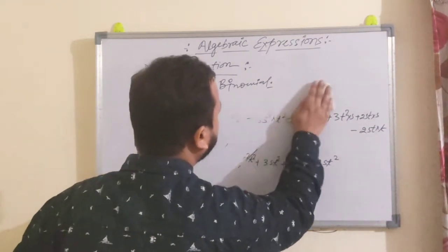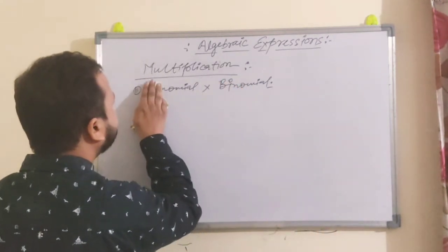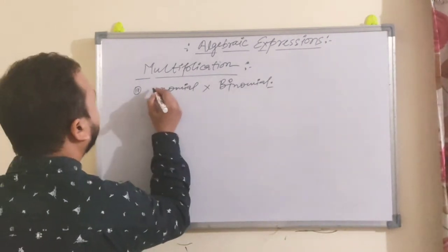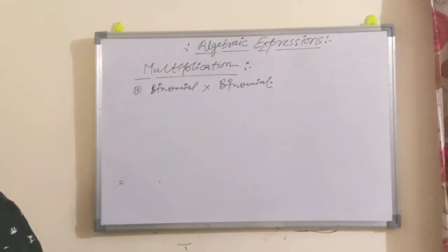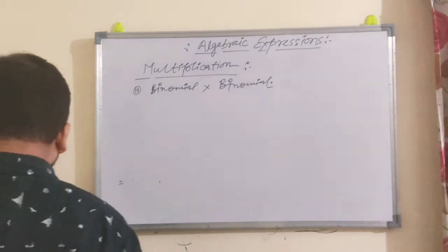Now we are going to start the third part of this multiplication, that is binomial with binomial. And for that you have to apply both the methods.